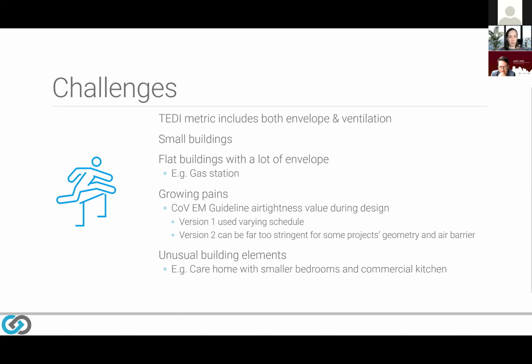And so arguably, you've got the same number of people eating and cooking as, say, an apartment building. But because you're now taking all that cooking and condensing it into one location, you have commercial kitchen ventilation requirements. And so that can then, again, going back to TEDI being a challenge because it includes both envelope and ventilation, something like a commercial kitchen can really throw off your calculations.